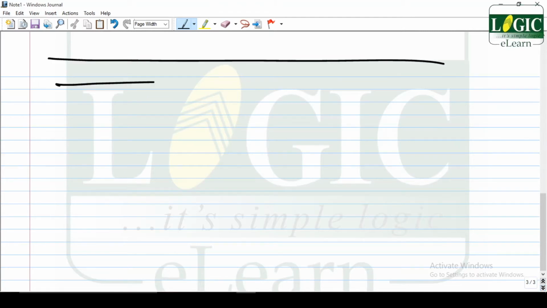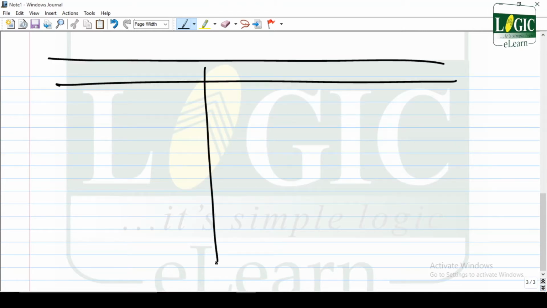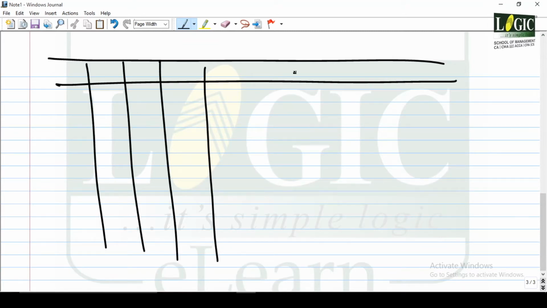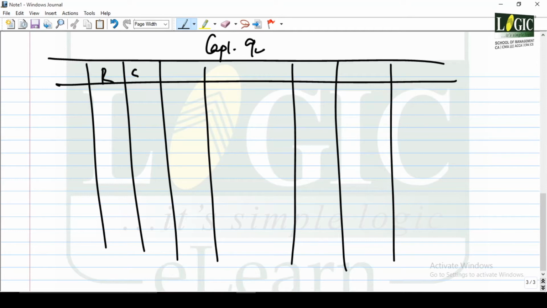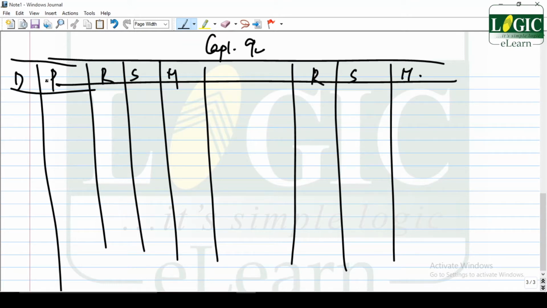The next one is columnar capital account. Who all are they? R, S, M. Capital account, R, S, M. Date, particulars, date, particulars.